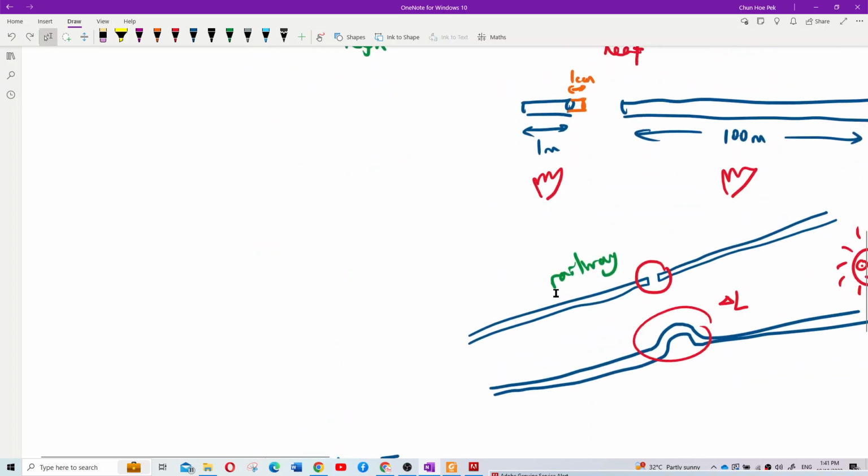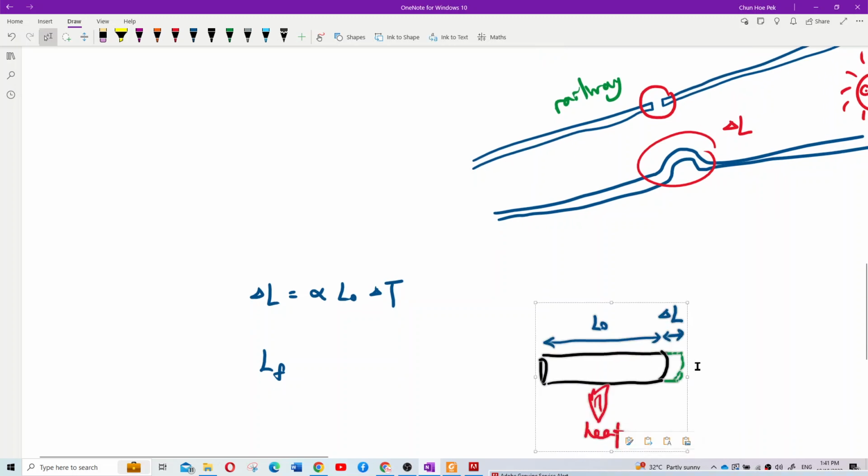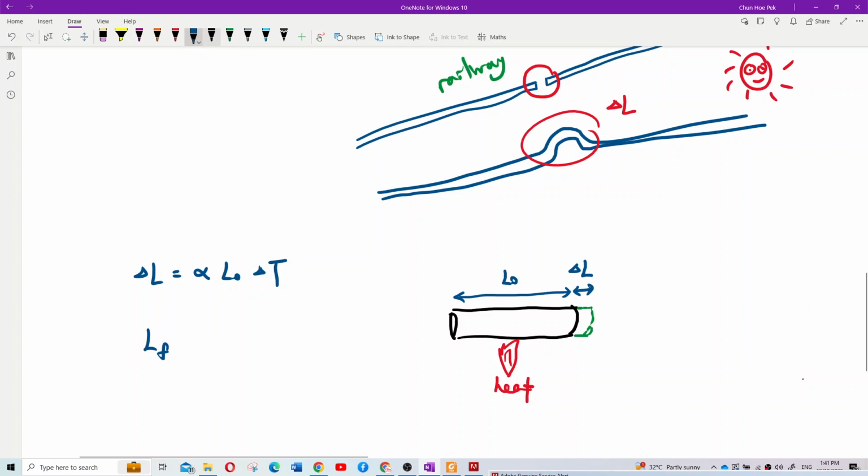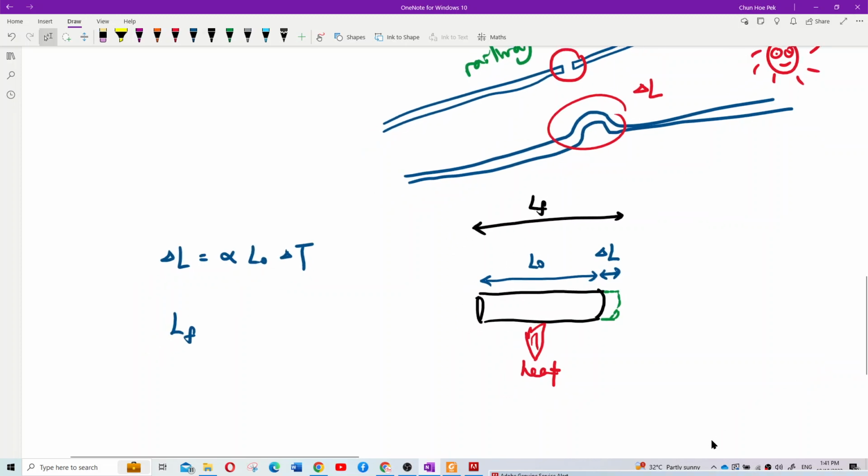Wait, hold on a second. Okay, class, what is the final length? We can see from the diagram, after the metal rod expands by delta L, the final length is L naught plus delta L. Correct or not, class? Final length is L naught plus change of length.